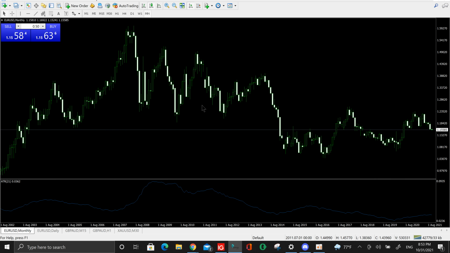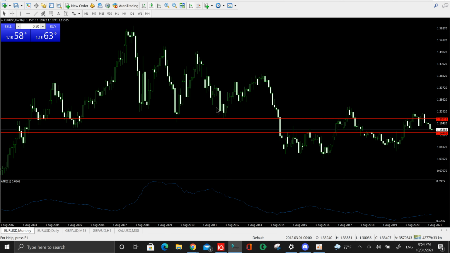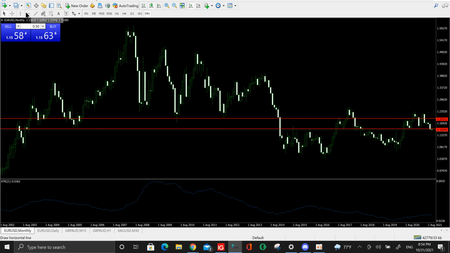And I'm looking at some zones right now that I'm going to mark up. And after marking up these zones, this is just all I will leave for now.